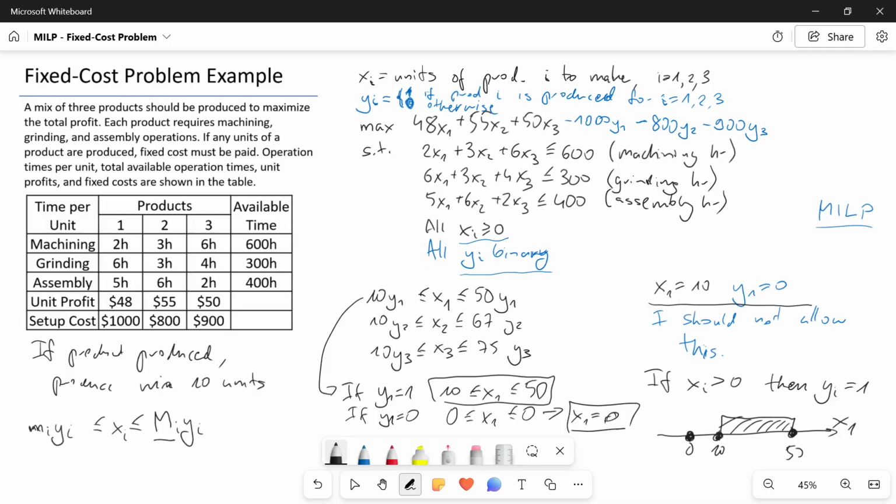So in this case, the capital M and small m serve as the maximum and minimum production values for the number of units xi. We can set them in general to any limits. In the first version of this exercise, mi, the small m, was equal to 0, so we didn't have to write it. But in the second version, I added a minimum of 10 units. And so now, if you produce, you have to produce at least 10 units. If you don't produce, you're still allowed to set the variable xi equal to 0.